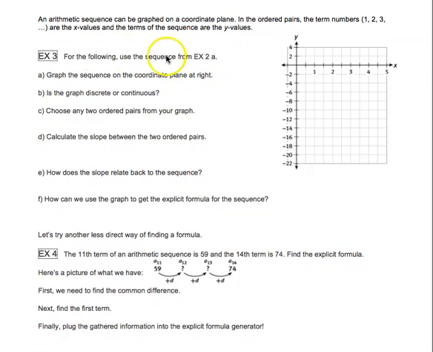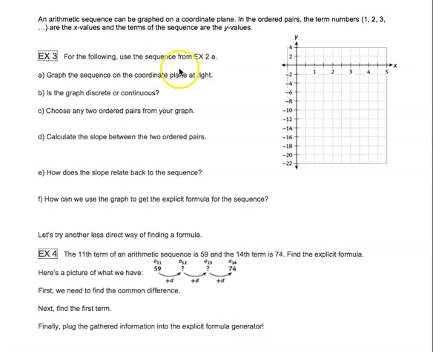All right. An arithmetic sequence can be graphed on a coordinate plane. In the ordered pairs, the term numbers, 1, 2, 3, so on and so forth, are the x values, and the terms of the sequence are the y values.